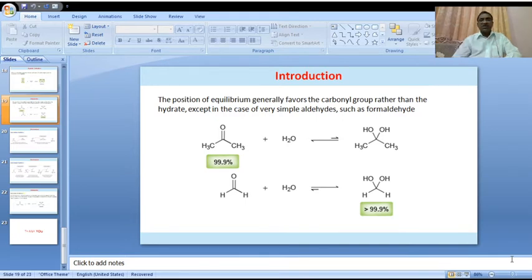this type of hydrates. Here, the position of equilibrium generally favors the carbonyl group rather than the hydrate.